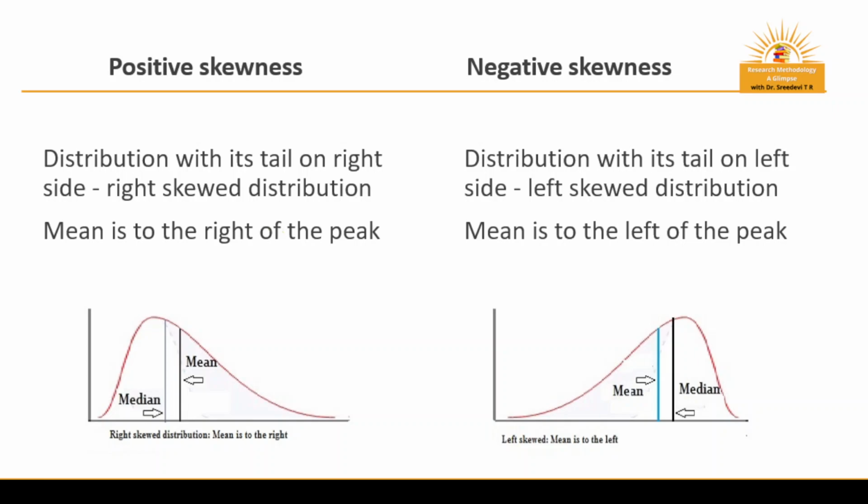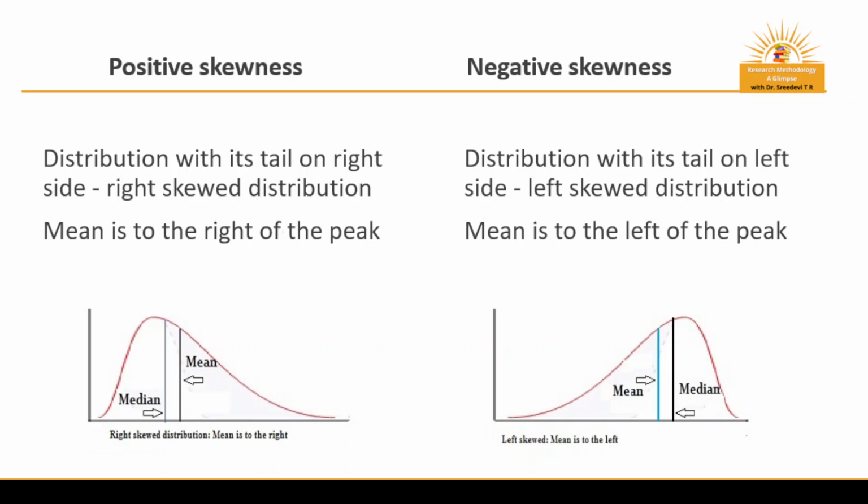The data is concentrated towards lower values in positive skewness. So the concentration of data in positive skew distribution is towards left and the tail is towards the right. That is, the tail of the distribution is towards the higher values, but data concentration is towards lower values.